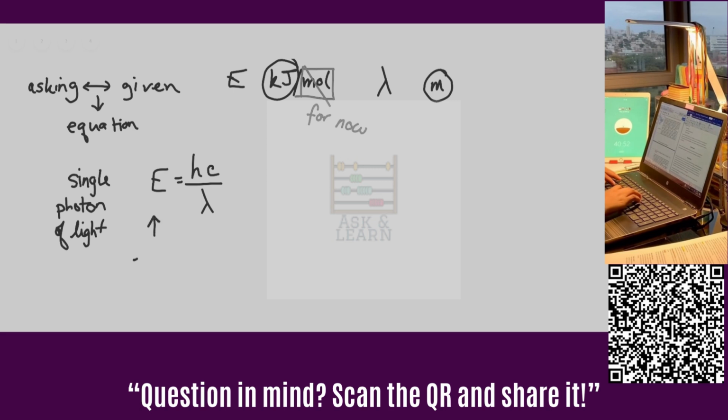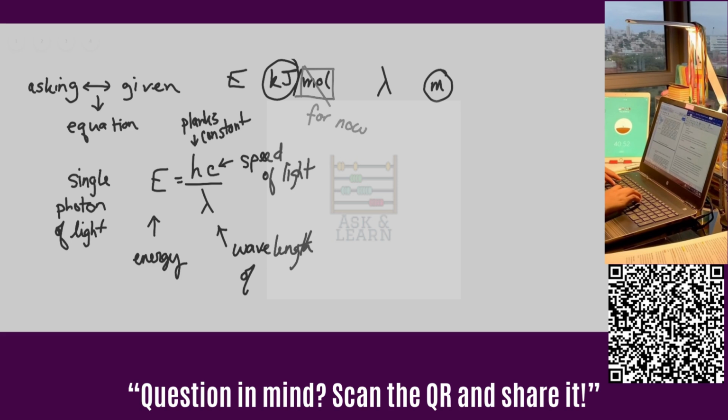E is energy, h is Planck's constant, c is the speed of light, and lambda is the wavelength of light. And these two right here are constants.